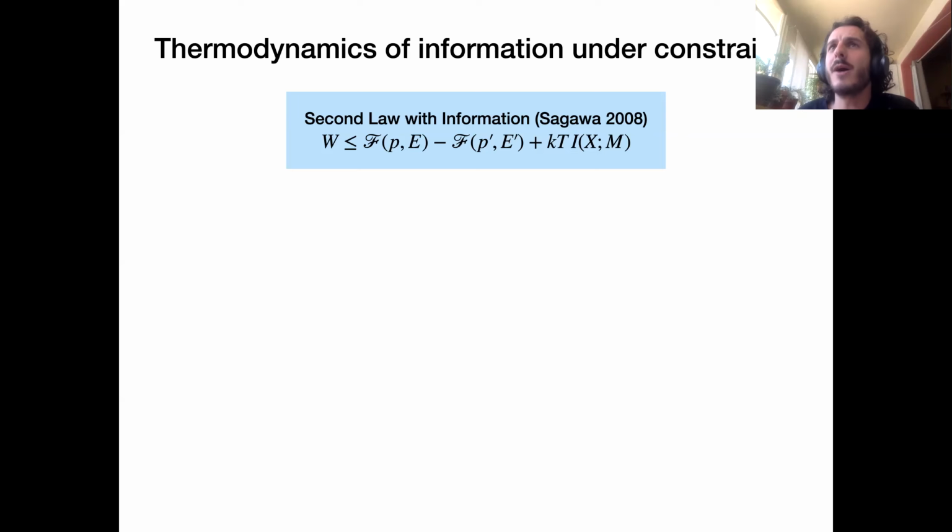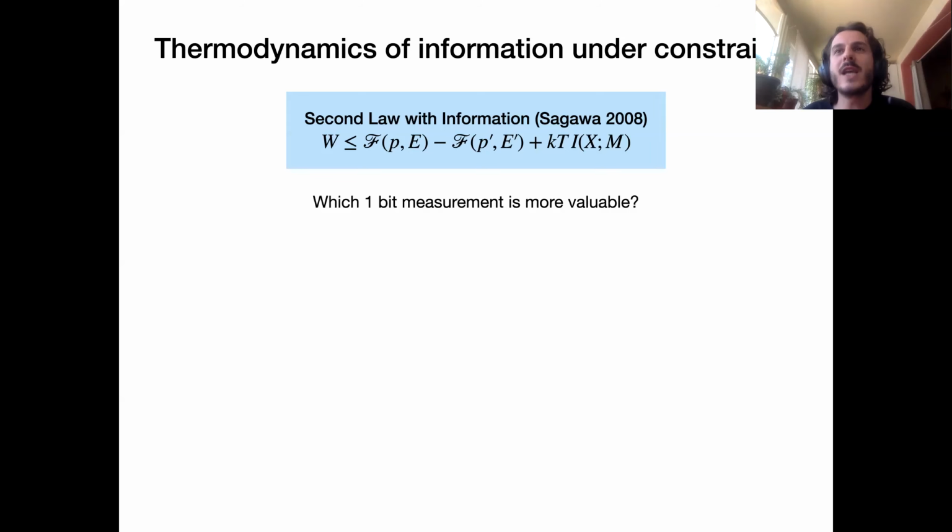The funny thing about this result, which is of course an inequality and very general, is that it's not sensitive to which kinds of measurements we make. But in general, we expect that if you want to extract work from a system, your measurements should in some sense align with the ways in which you can manipulate the system.